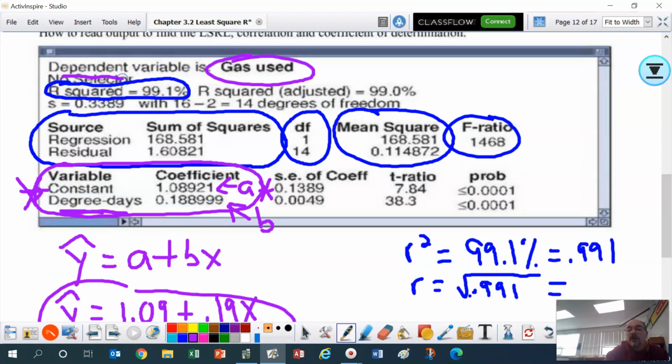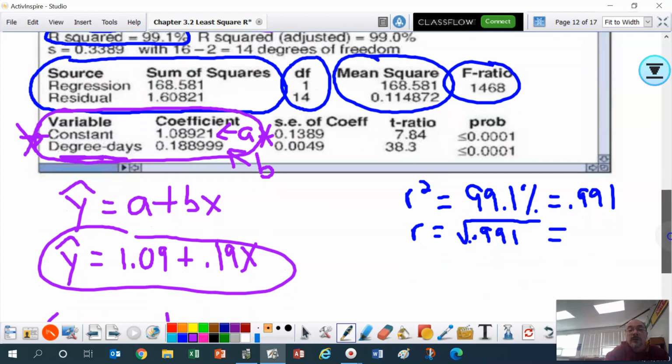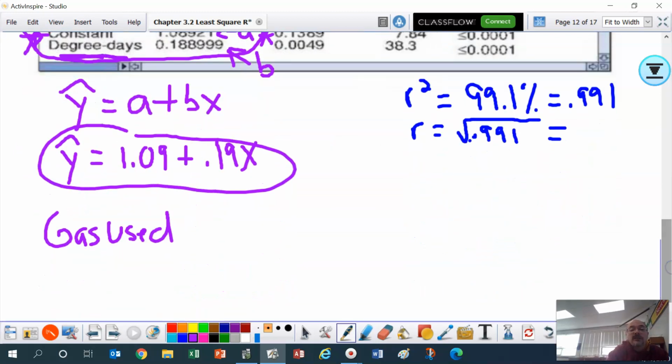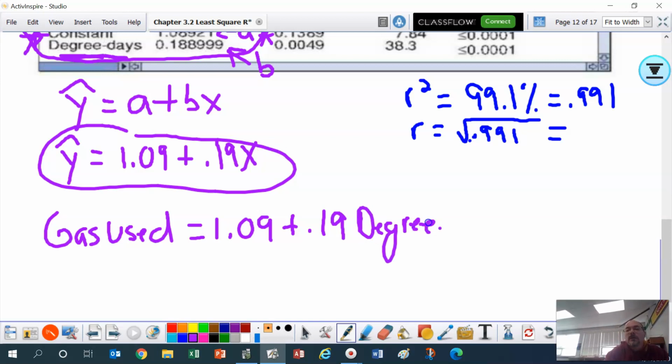That's your dependent variable. Remember, your dependent variable is Y. So gas used equals 1.09 plus 0.19 degree days. So instead of using the variables, when you use X and Y, remember you're supposed to define it. One way to get around that is to just put the words in instead of the letters. But if you use X and Y, you got to make sure you define.